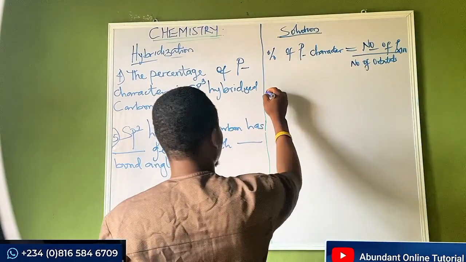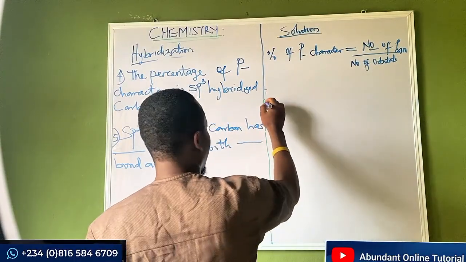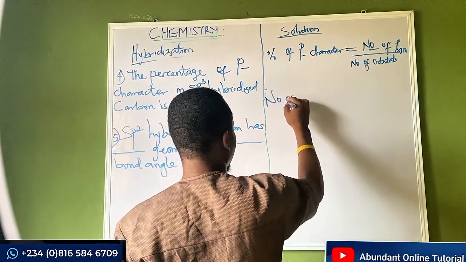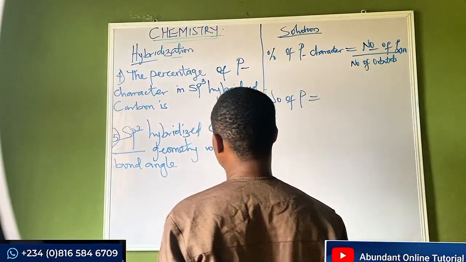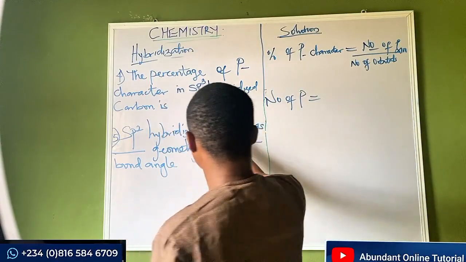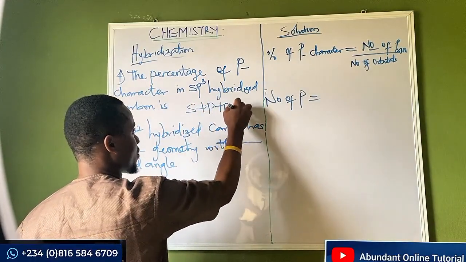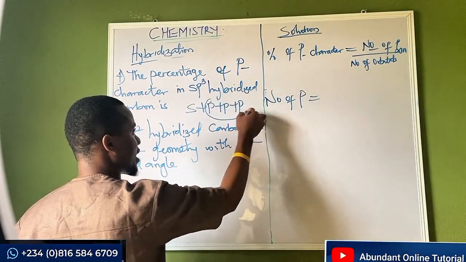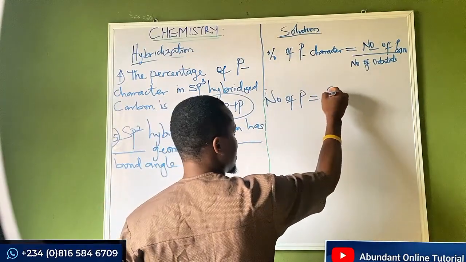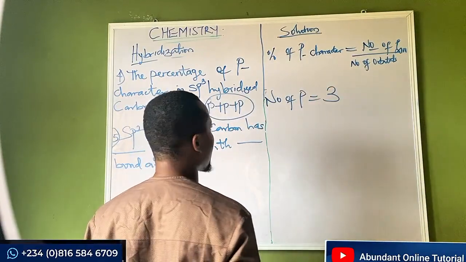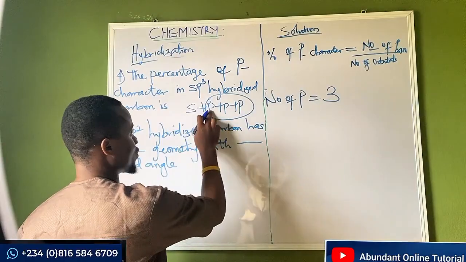So now my number of P is what? Look at this, sp3. It tells you that it has S plus P plus P plus P. So my P is 3. Then the number of orbitals, we have 1, 2, 3, 4.